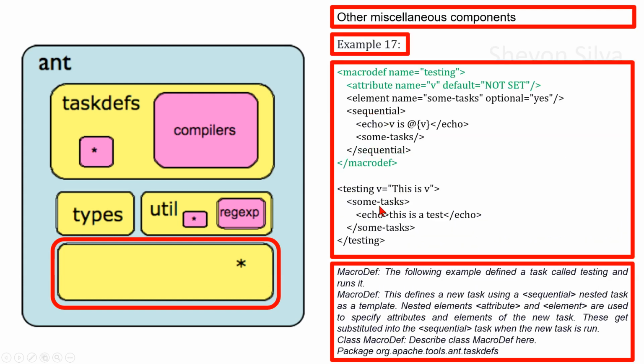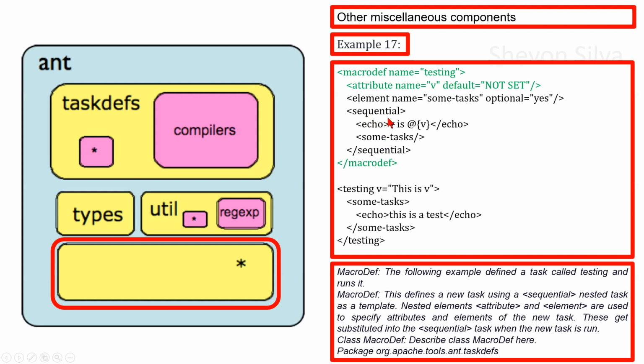Now we are considering macrodef. The following example defines a task called testing and runs it. Macrodef defines a new task using a sequential nested task as a template.